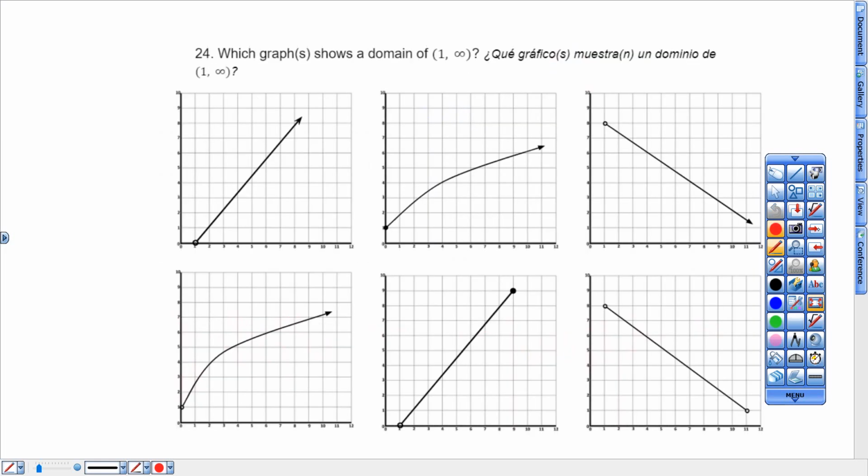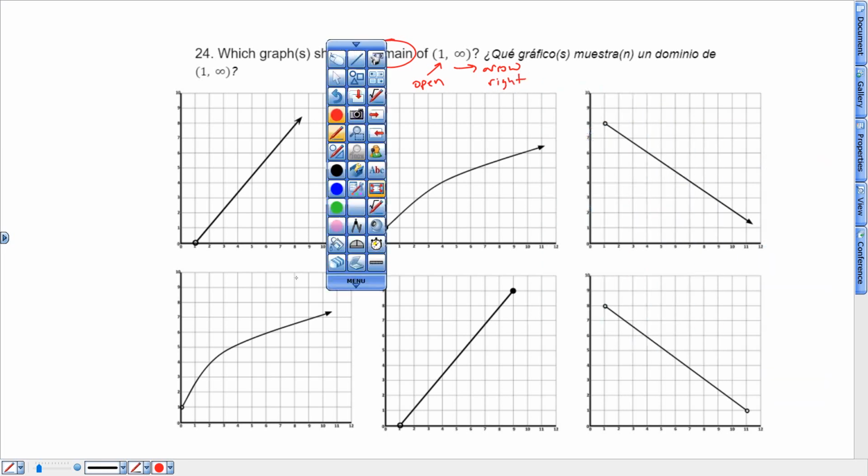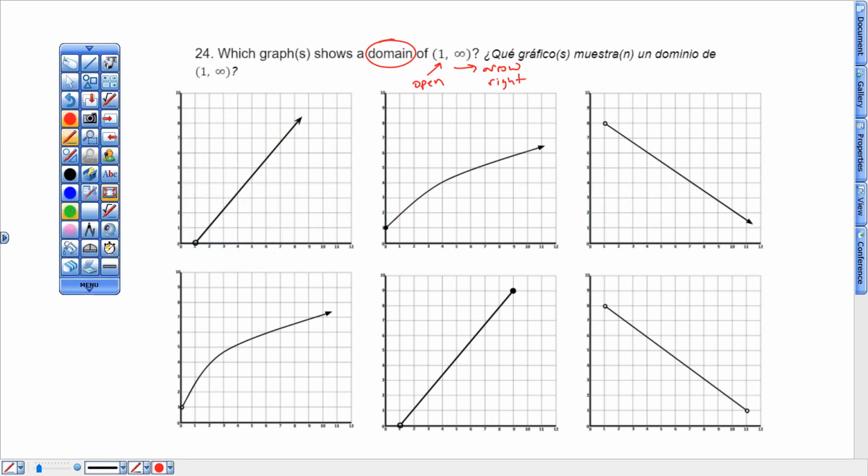All right, moving on. For these guys, which one shows the domain of 1 rounded to positive infinity? So I'm looking for a rounded or open circle and then an arrow to the right. So if I look at these choices here, this one starts rounded at that 1 and the arrow going to the right, which is positive infinity. So yes, this would be 1, infinity rounded.